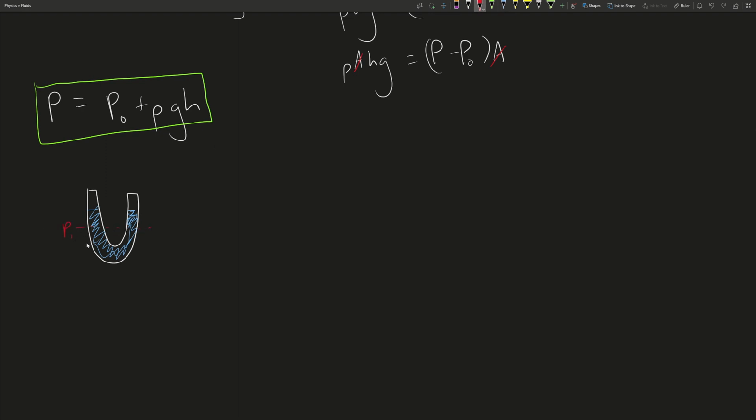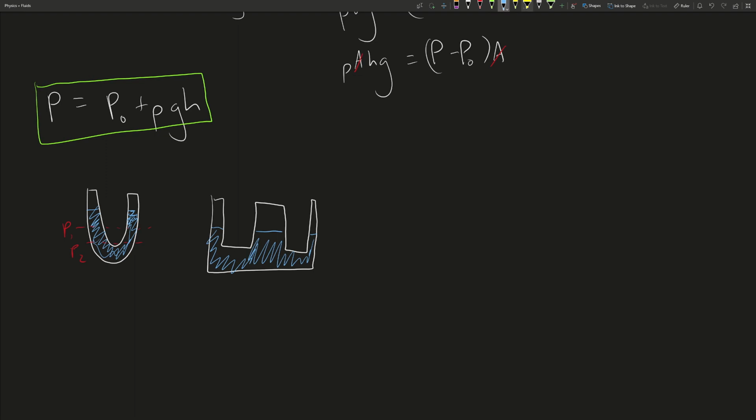So pressure 1, pressure 2 here, they're all the same as long as the height is the same and the density is the same, which means that even for contraptions that look like, I don't know, something wonky like that, as long as the fluid density is the same, then the pressure is going to be the same at the same height.